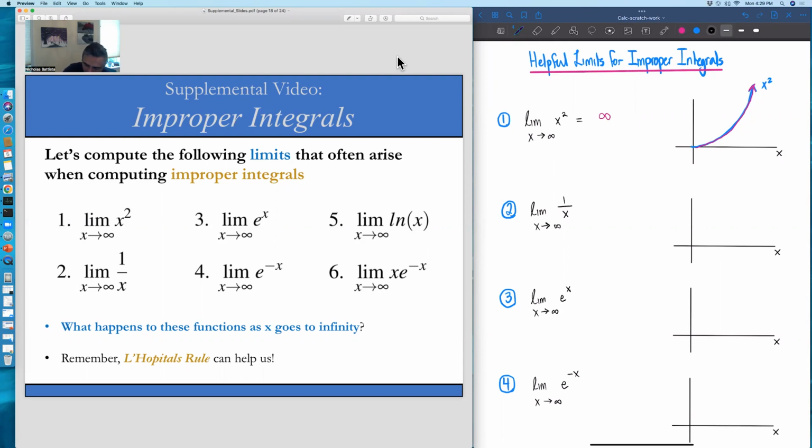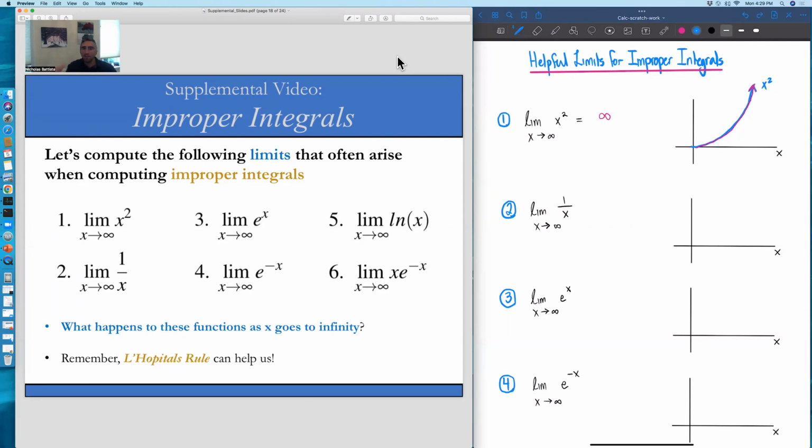Now the next function, or problem 2, is the limit of the function 1 over x as x goes to infinity. In this case, remember, when we have a giant number in the denominator, the overall fraction is going to get smaller and smaller. As x increases, the denominator increases a lot.